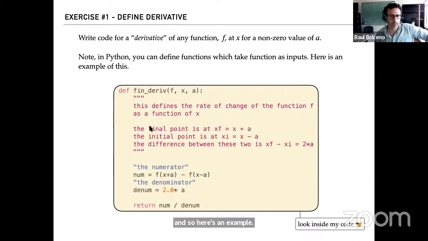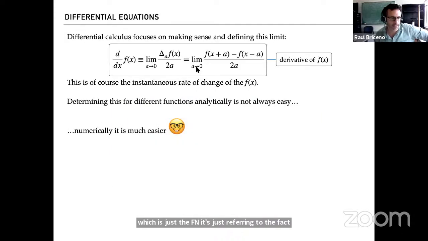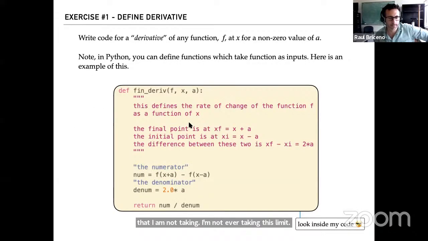And here I wrote more comments, so hopefully Anonymous doesn't get annoyed with me. But here's my derivative, which is a finite derivative, the f in the name just referring to the fact that I'm not ever taking this limit. I'm just going to evaluate it for some finite a, okay?